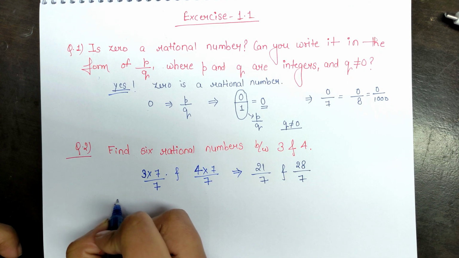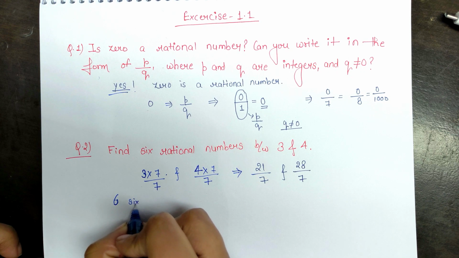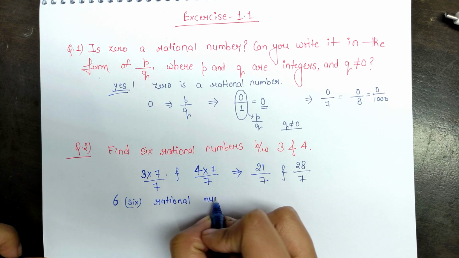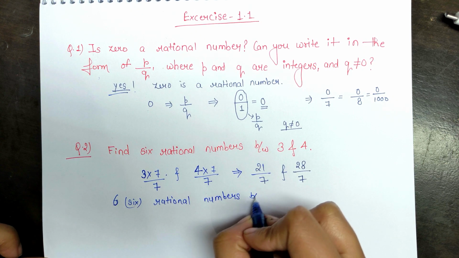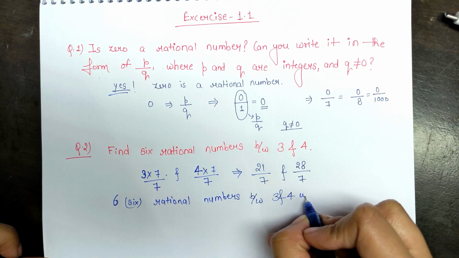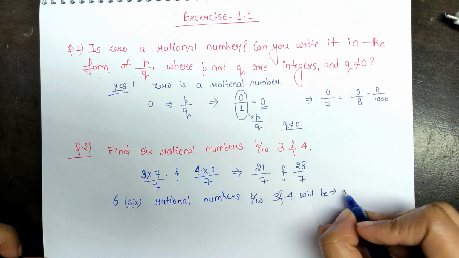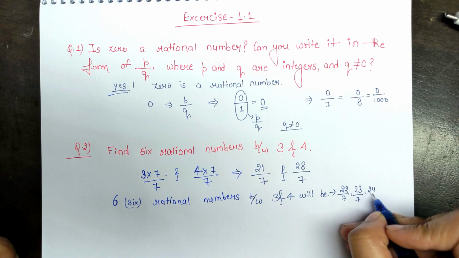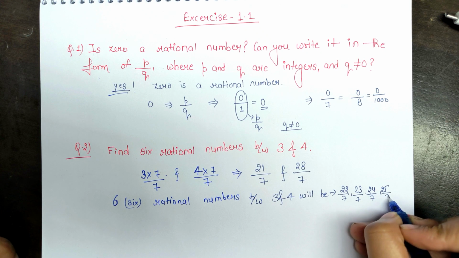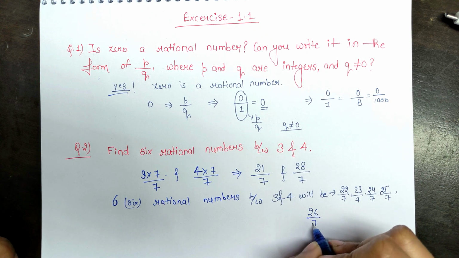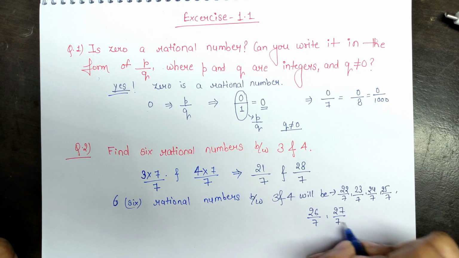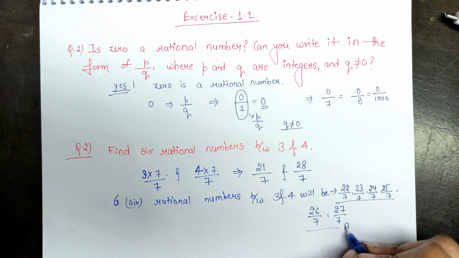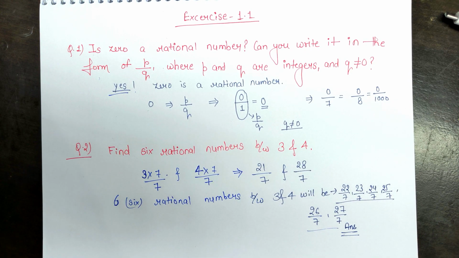So 6 rational numbers between 3 and 4 will be: 22 by 7, 23 by 7, 24 by 7, 25 by 7, 26 by 7 and 27 by 7. So these will be the rational numbers between 3 and 4.